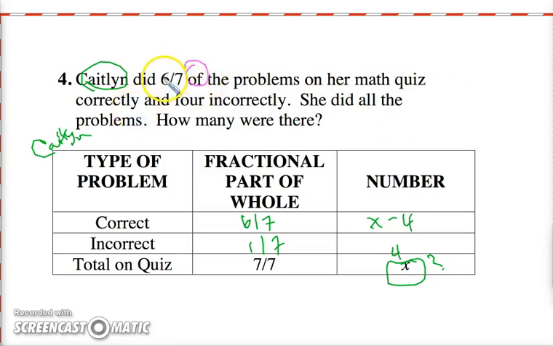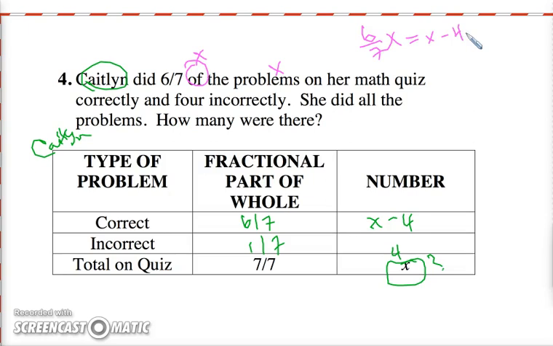That means 6 out of 7 of means multiply the number of problems, which we don't know, so we call that X. So she did 6/7 of X, and that has to equal the correct number. The correct number is X minus 4. And so now you have your equation, and you can solve.